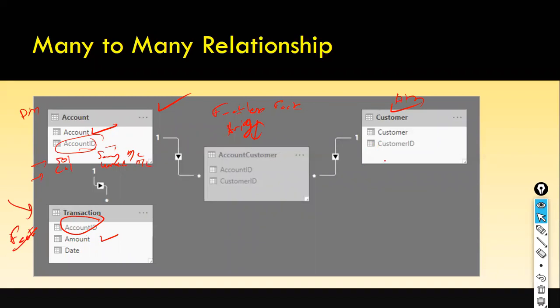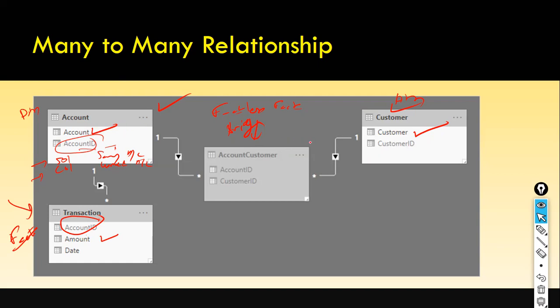Here also the same thing, customer ID, customer name. Supposing somebody is asking you how much balance each customer is having in their account. In that case, the customer name is available here, the account name is available here.